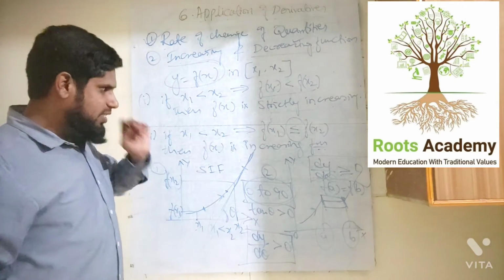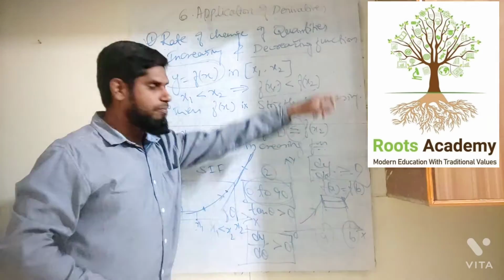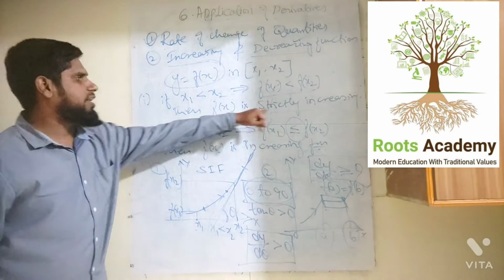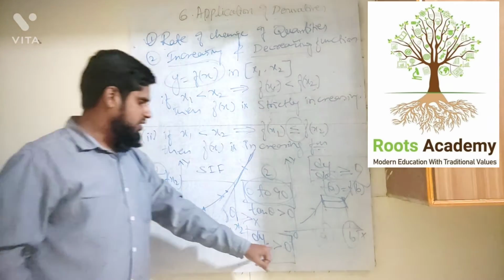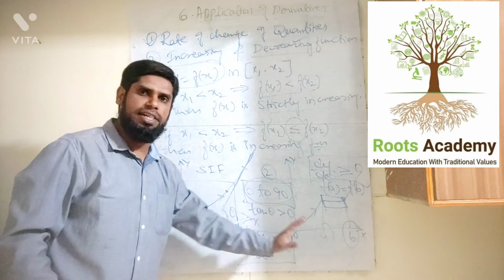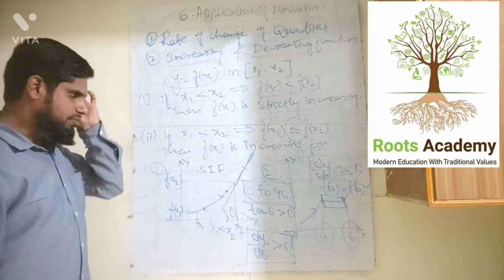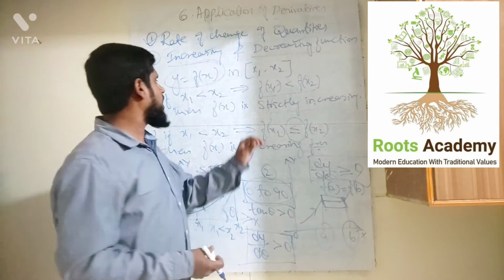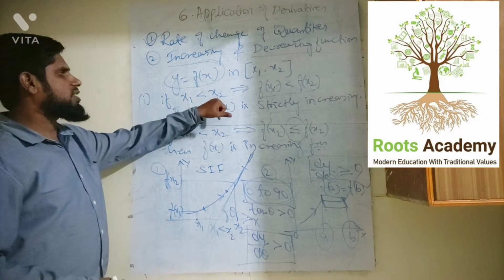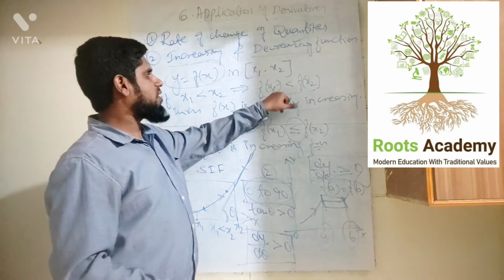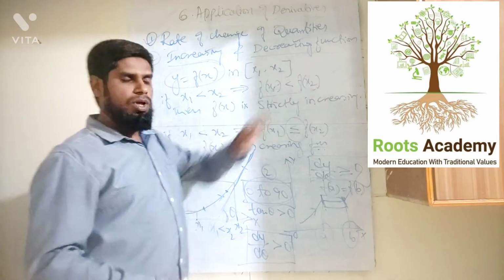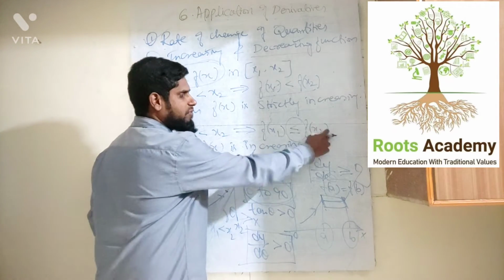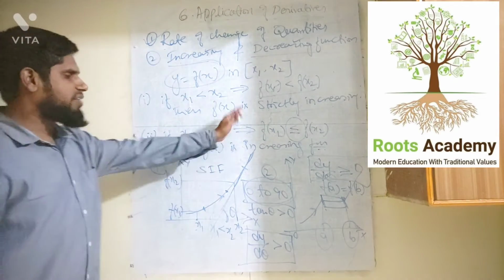The only difference is that in an increasing function we will take equal to 0, but in a strictly increasing function the derivative is strictly greater than 0. And in a strictly increasing function, the condition is x1 is less than x2, which implies f of x1 is less than f of x2, and in an increasing function, it is f of x1 is less than or equal to f of x2. That's the only difference.